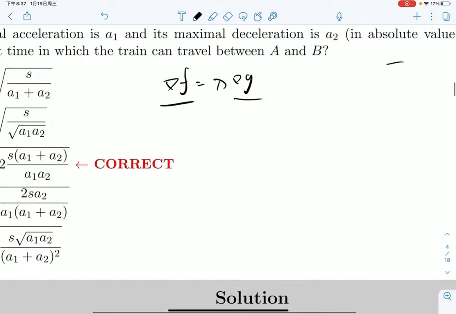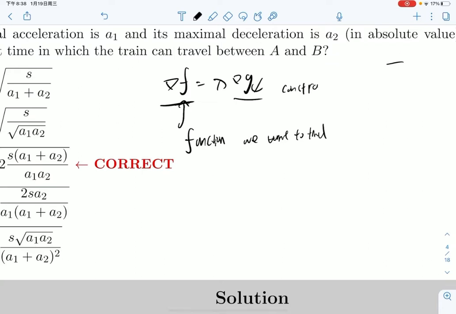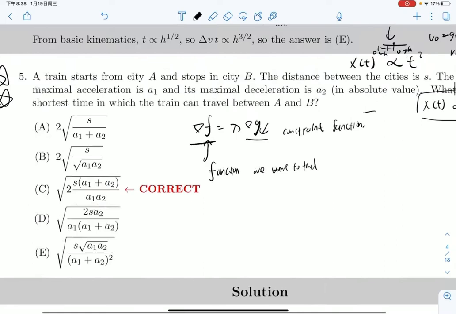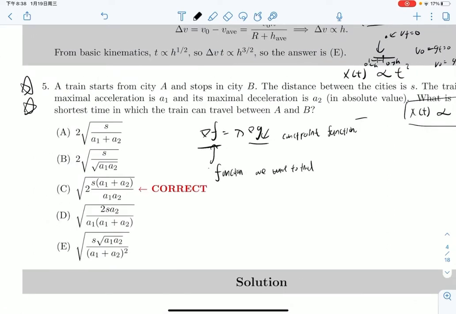So basically, what it's saying is that this is the function we want to find. And here is a constraint function. So in this case, the constraint is that s is equal to s1 plus s2, where it is a constant.